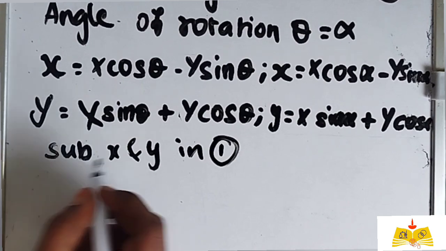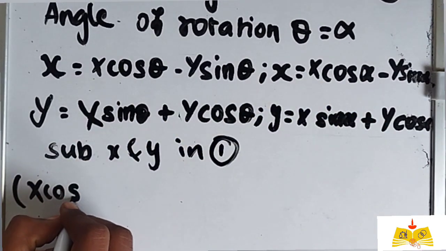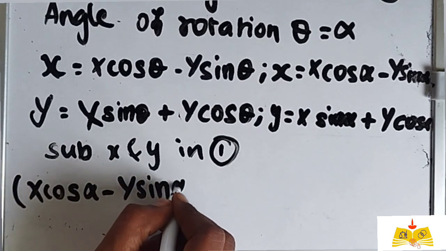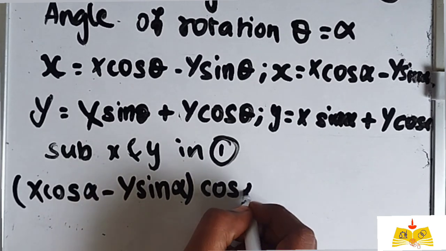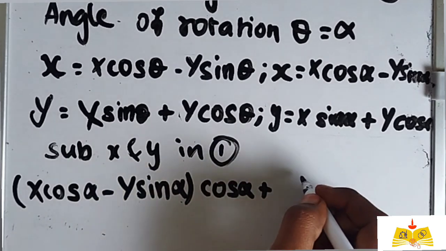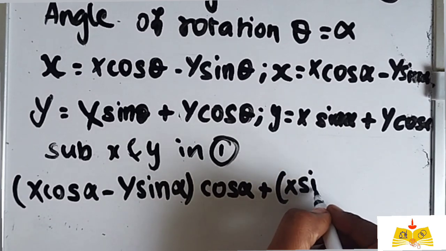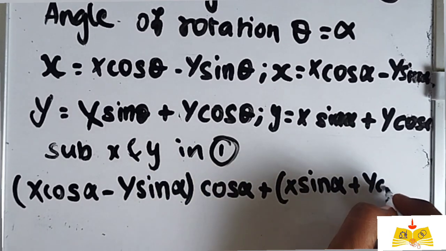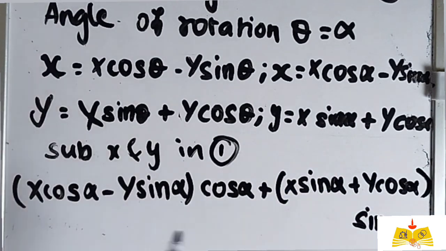In place of x we have x cos alpha minus y sin alpha, multiplied by cos alpha, plus y sin alpha. In place of y we have x sin alpha plus y cos alpha, multiplied by sin alpha, which equals p.